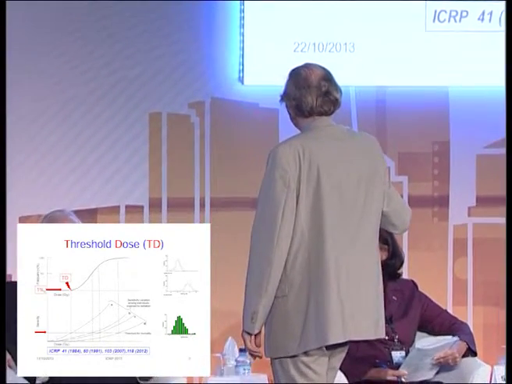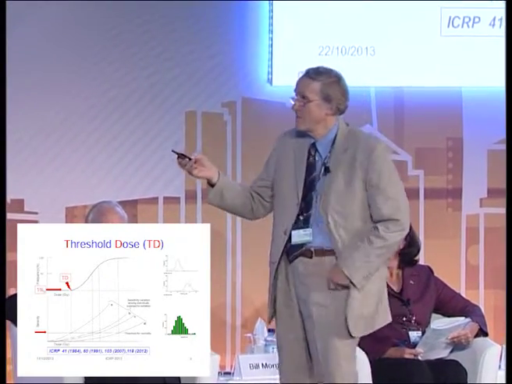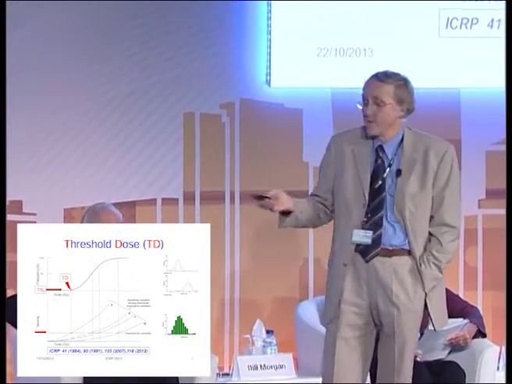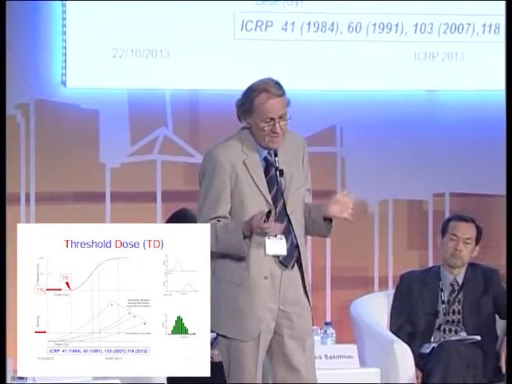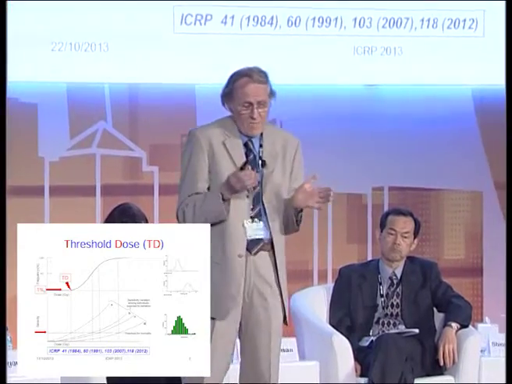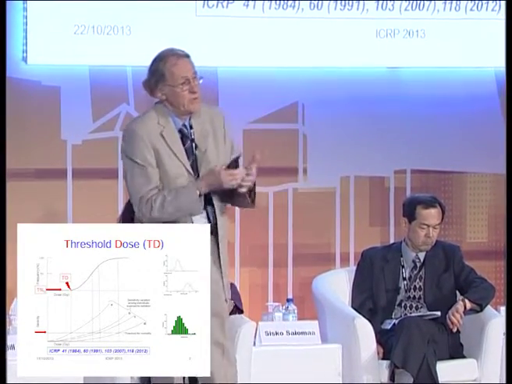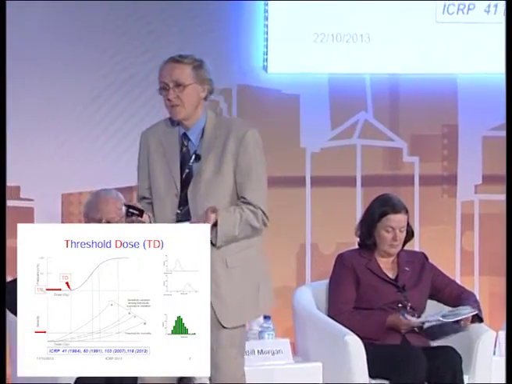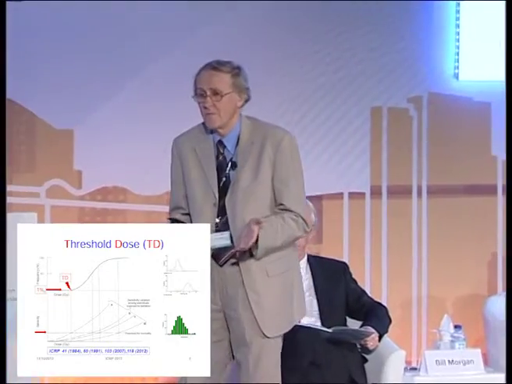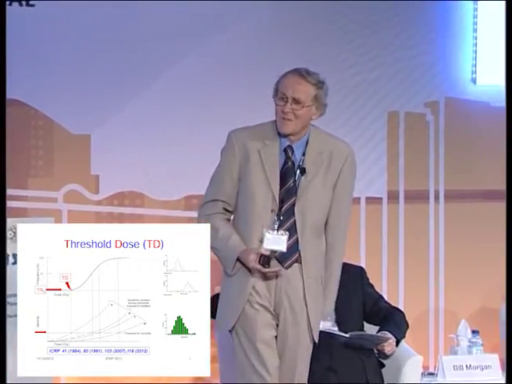And the sum of all of those is the sigmoid curve that you see at the top. So you can see that the threshold dose which you need is governed really by the sensitive individuals, which actually helps the resistant individuals as well.